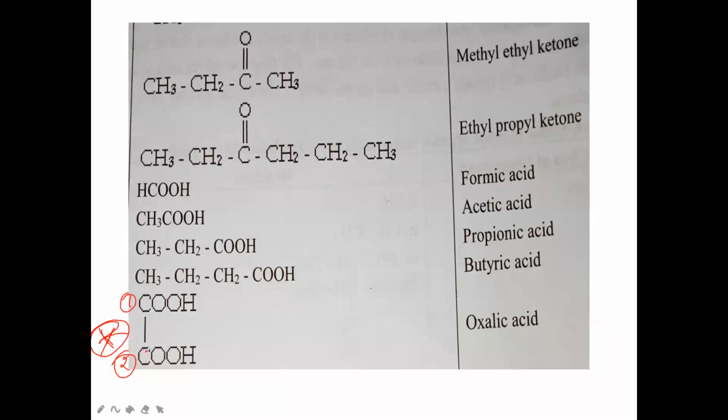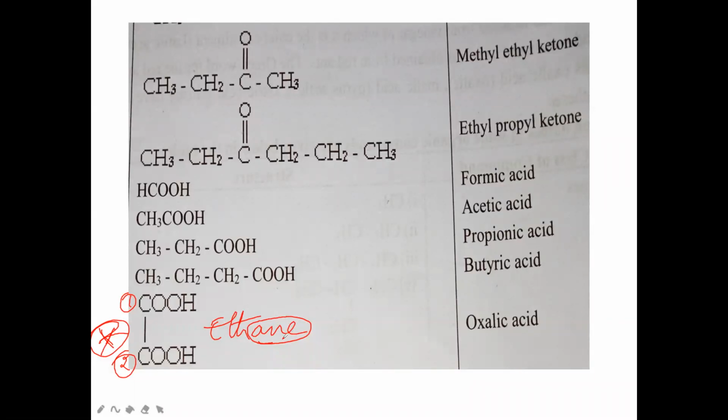Totally 2 carbons, and between the 2 carbons single bond, so it is ane. Why are we writing ane, why not an? Because the COOH group is repeated 2 times. If the same functional group or same multiple bond is repeated 2 or more times, we have to write an completely, the e also we have to mention.